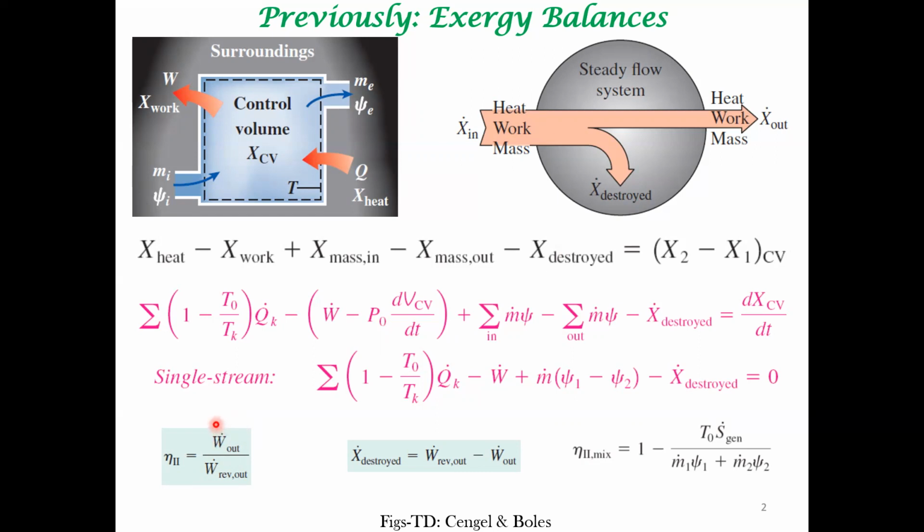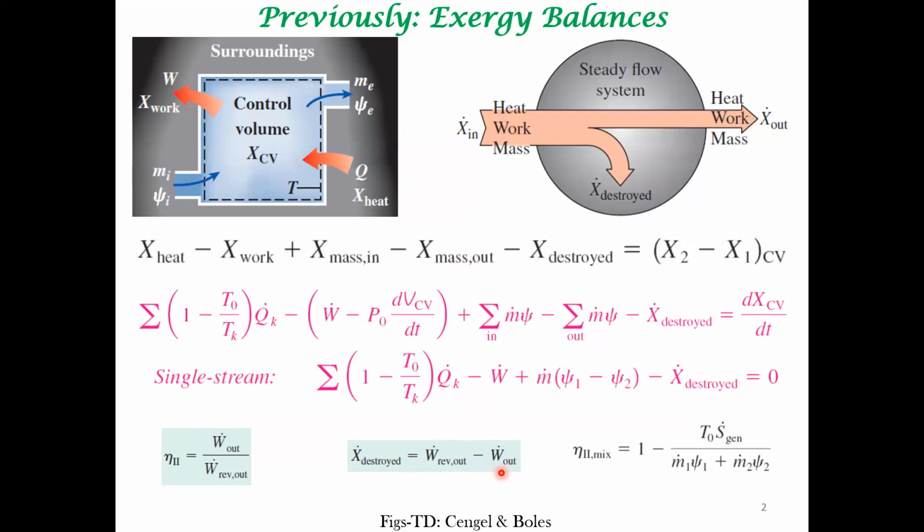That gives you a certain kind of efficiency, and this efficiency is related to exergy destroyed. It is the difference between the ideal work input, in this case the reversible work input, and the work input you actually see in the process.